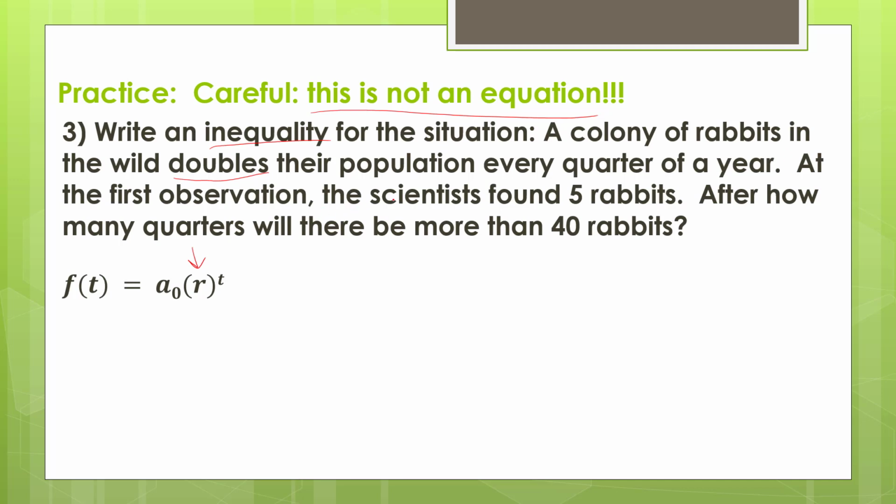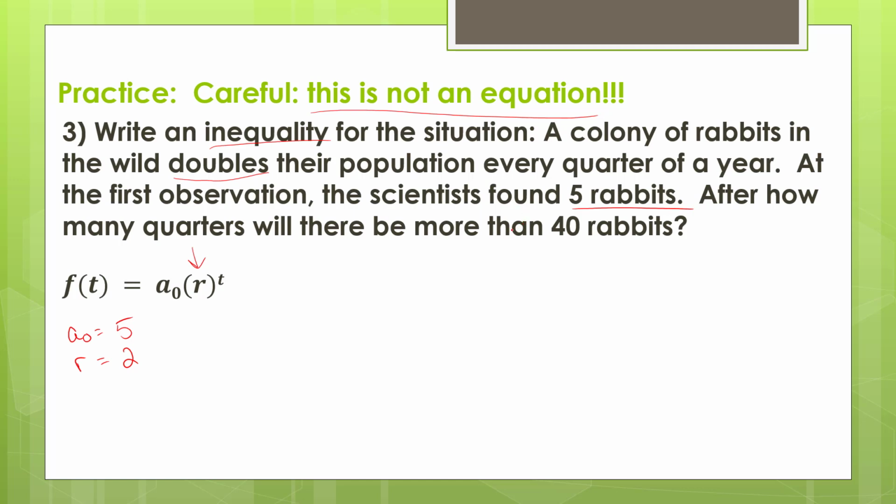At the first observation, the scientists found 5 rabbits. Well, that's pretty good to know. Sounds like to me like a starting point. So a sub 0 is equal to 5 rabbits. The rate is equal to 2 because it's doubling.